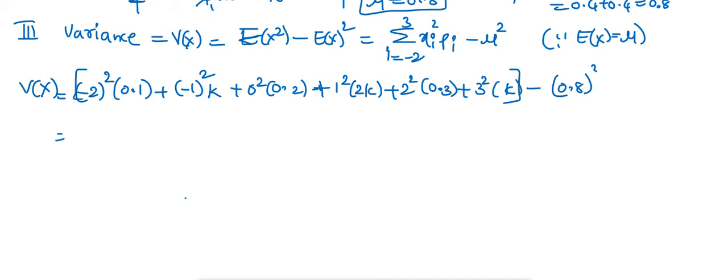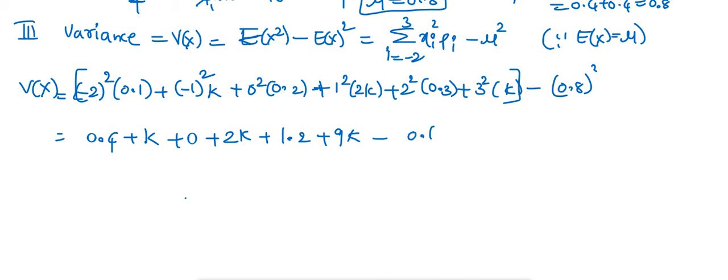It is equal to minus 2 whole square is 4, 4 into 0.1 is 0.4, plus minus 1 whole square is 1, 1 into k is k, plus 0 into something is 0, plus 1 square is 1 into 2k is 2k, plus 2 square is 4, 4 into 0.3 is 1.2, plus 3 square is 9, 9 into k is 9k, minus 0.8 whole square is 0.64.